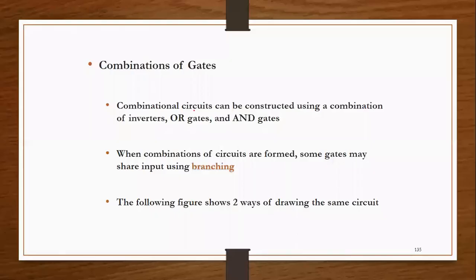The next is the combination of gates. Combinational circuits can be constructed using a combination of inverters, OR gates and AND gates. When combinations of circuits are formed, some gates may share input using branching. So here the figure is shown.